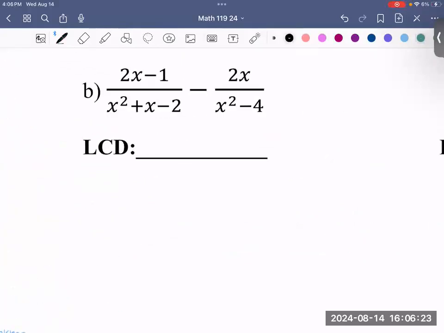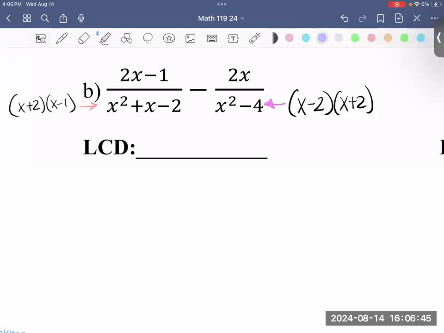All right, so let's go ahead and start to factor. So on one side, we have x minus 2 and an x plus 2. And on the other side, we have x plus 2 and an x minus 1. All right, so do they have anything in common?